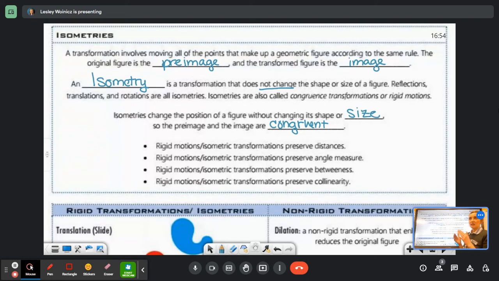That is, if a point is between two points, it's going to be between those same points in the image. It preserves collinearity. So if points are collinear in the pre-image, they're going to be collinear in the image.